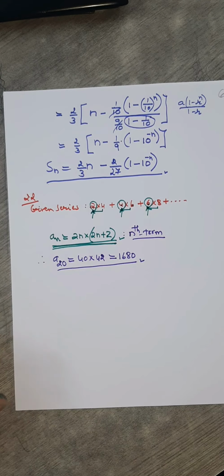So how many terms do you want to add? Here n minus 1 terms. So which formula? If you remember for an AP, the formula is n by 2 into 2a plus n minus 1 into d. This is the formula for the sum of n terms of an AP. Instead of n, how many terms do you have? n minus 1 terms.